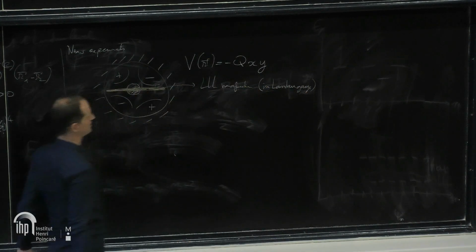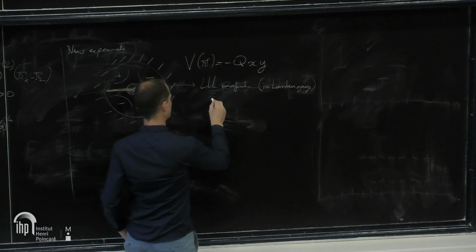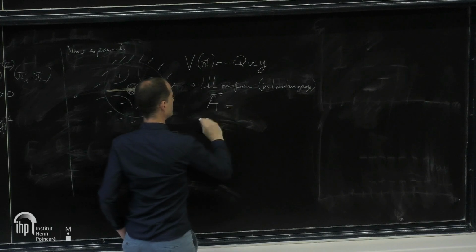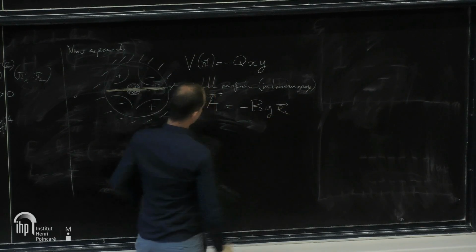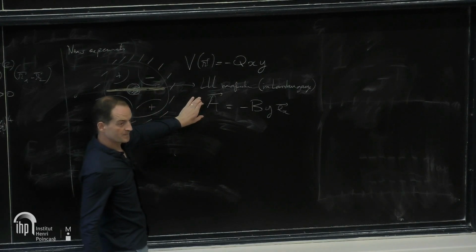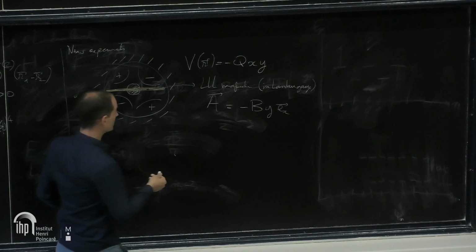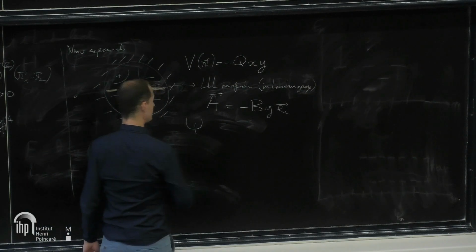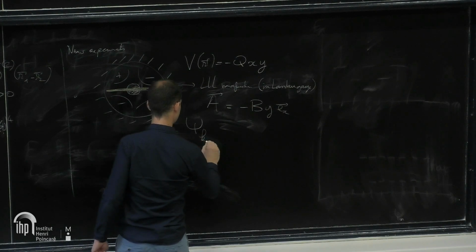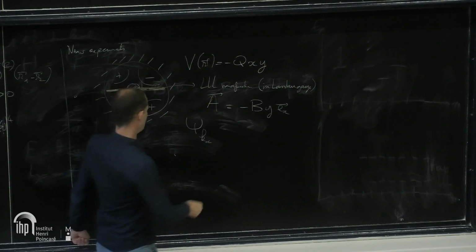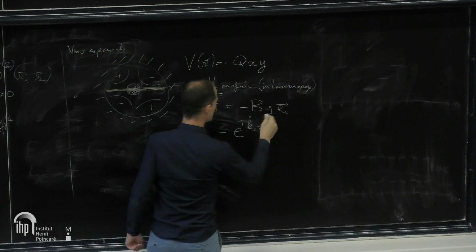So far I introduced a symmetric gauge, but if instead I had introduced the Landau gauge, meaning that the vector potential would be expressed as minus B x, then there would be translational invariance along X. And then the wave function, instead of being a psi m, the natural basis would be a psi kx, momentum along X. It would be a plane wave along X, and along Y it's more complicated.